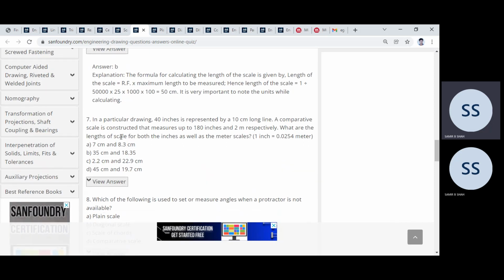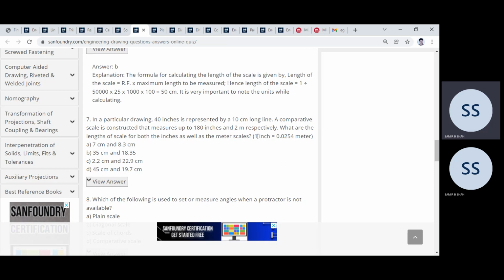Same way, in a particular drawing, 40 inches is represented by a 10 centimeter long line. A comparative scale is constructed that measures up to 180 inches and 2 meter respectively. What are the length and scale for both the inch as well as the meter scale?